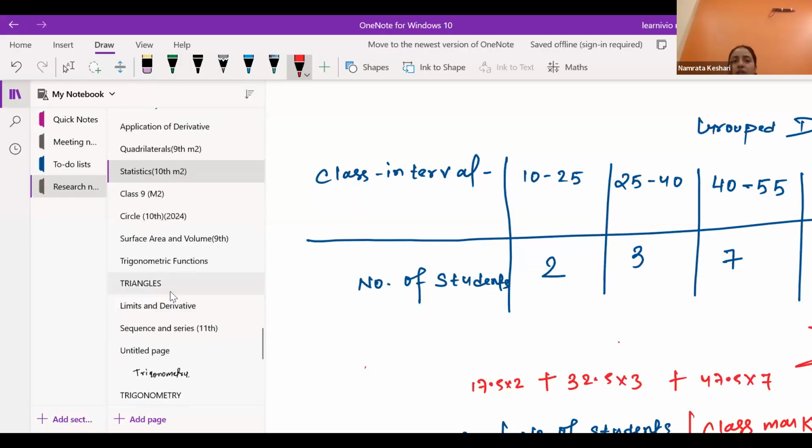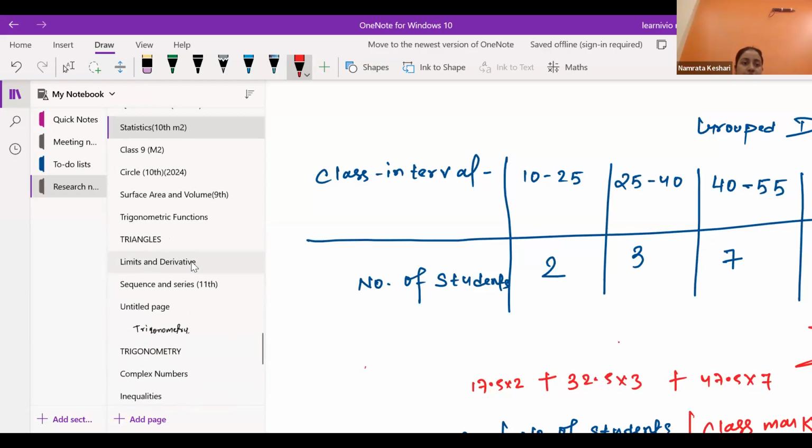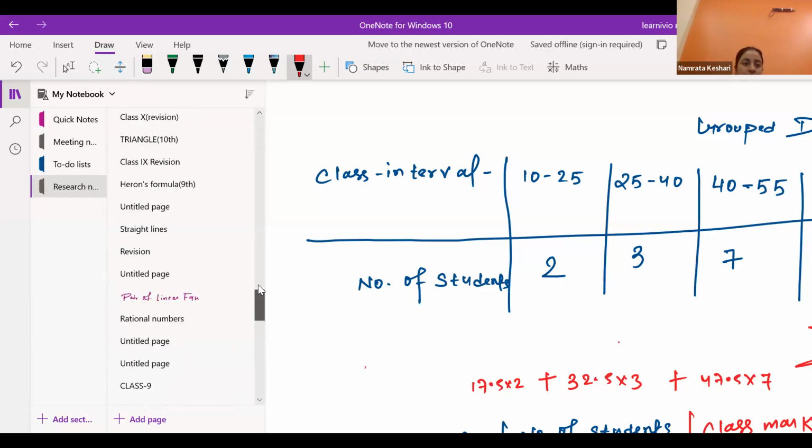Okay, so yeah, let's continue the discussion. I think today or in the next class we'll be able to cover this chapter completely. So volume of the sphere, today we'll be having the discussion from that.